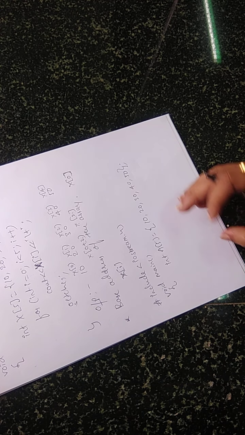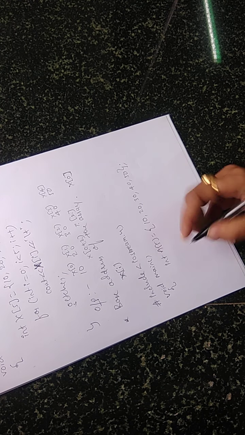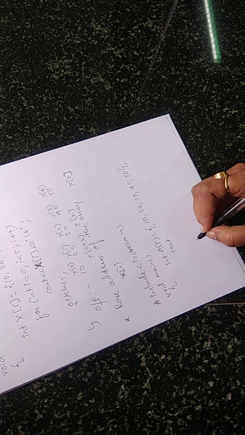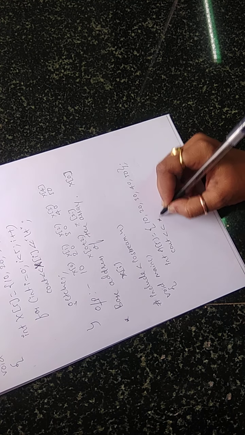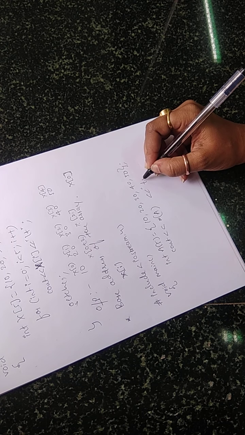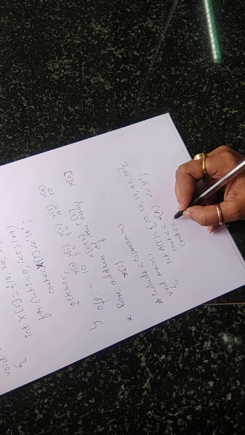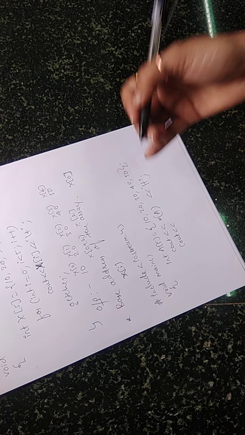Now, using pointers, how can we print the values? So cout asterisk of a, then a tab space. Now I am not taking the subscript value.